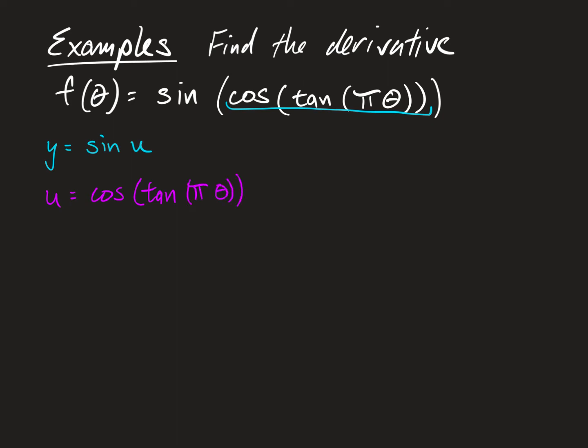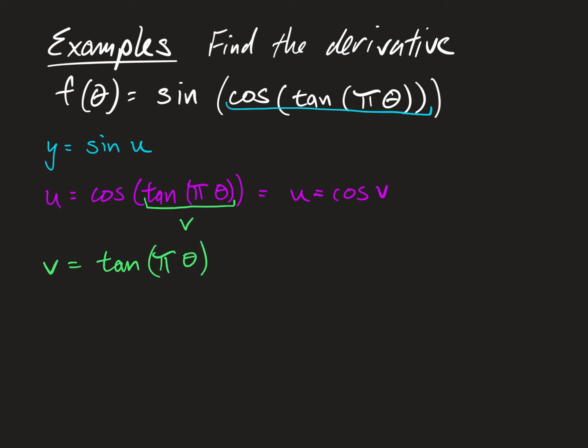But here you can see that we also have an inside function for this one, which I'm going to go ahead and call v. So we can rewrite u in terms of v. u equals cosine of v, where v is the tangent of pi theta.